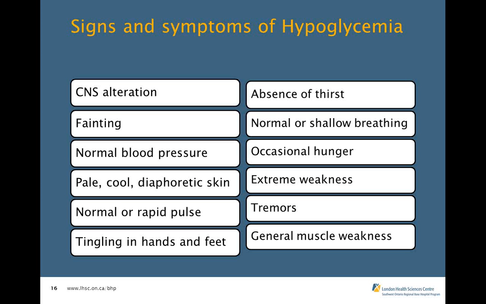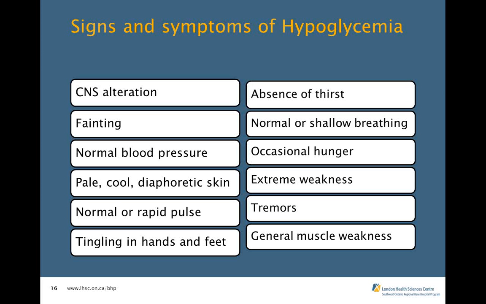And so the person starts to develop symptoms. Now, on the slide, there's a whole list of symptoms that are possible. The important ones essentially are CNS alteration. So as the blood sugar starts to go down, the person starts to feel different.